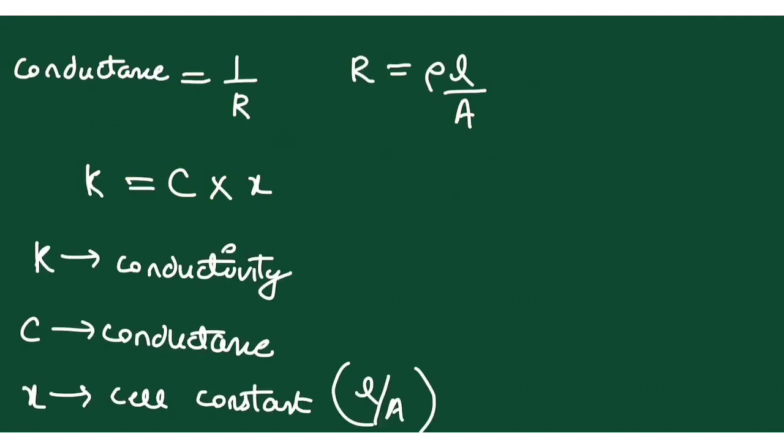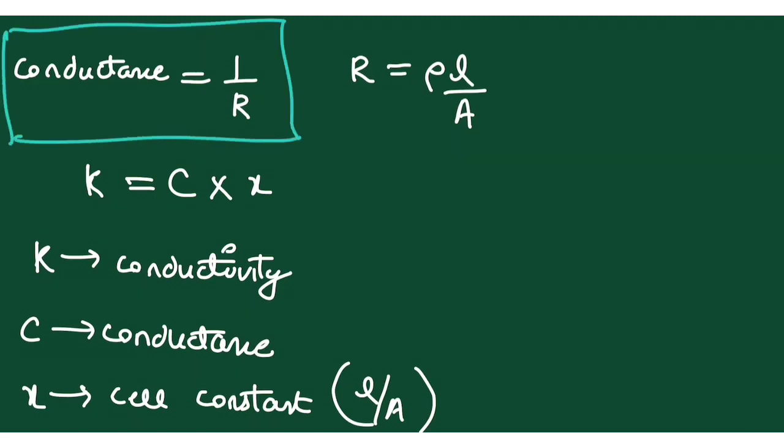If I move to conductance now, some of the basic concepts to revise from physics are: conductance is equal to 1 upon resistance. We have studied resistance in class 12th physics.